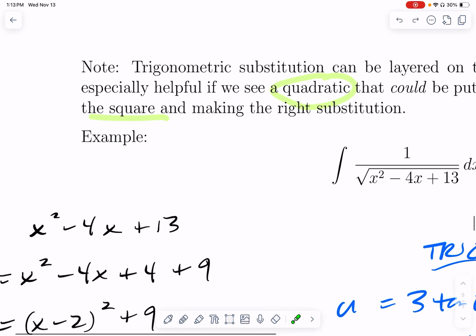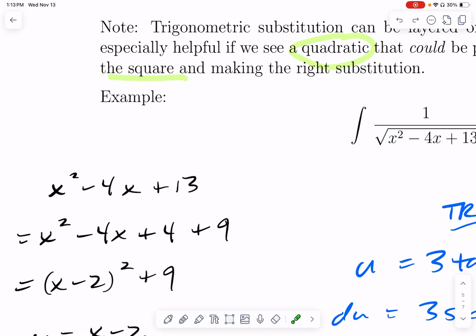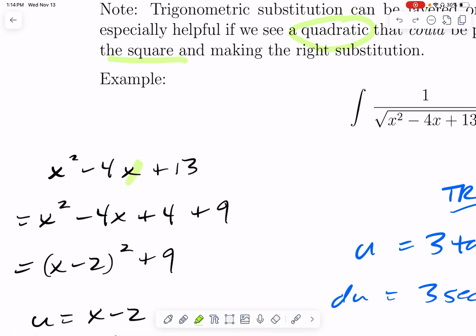So what I'm going to do is I'm going to say I have x squared minus 4x plus 13. Let's focus on these two terms and complete the square. So completing the square means we have to add a 4. Well, I don't have 4 at the end, I have 13 at the end.